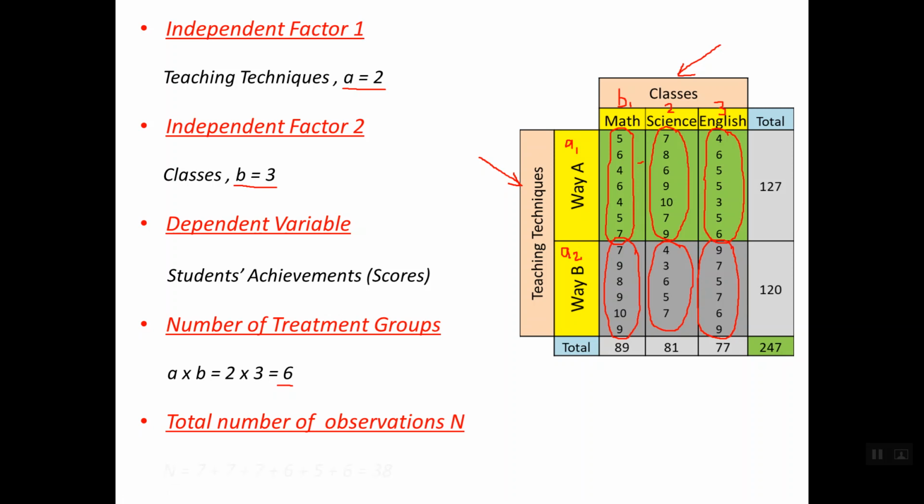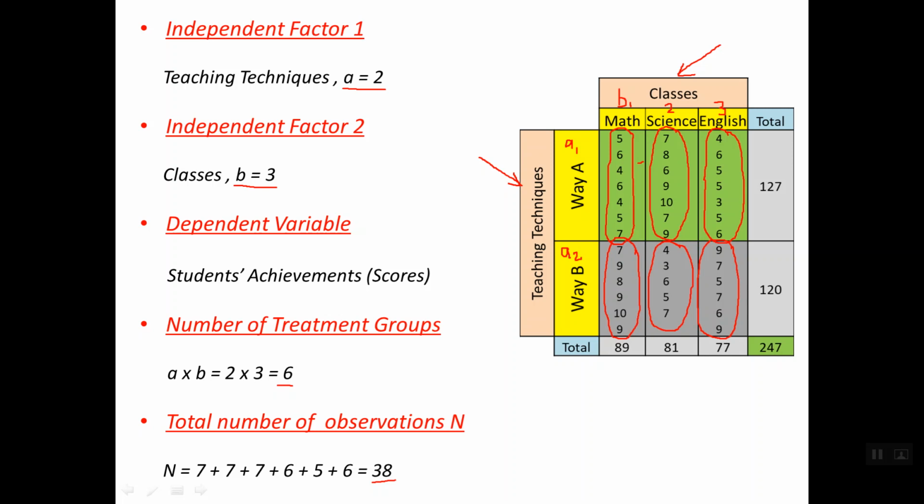So simply we can count for the total number of N, and it is 38. And as you notice, the number of observation in the 6 groups are not the same. So it's called the unbalanced design. So these are all the details for our question.